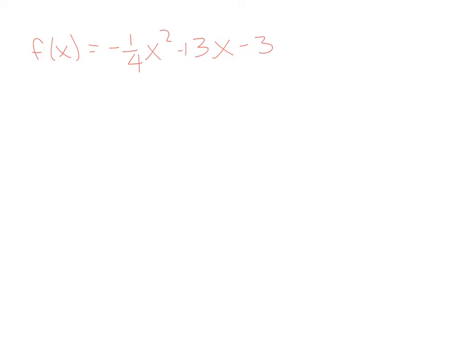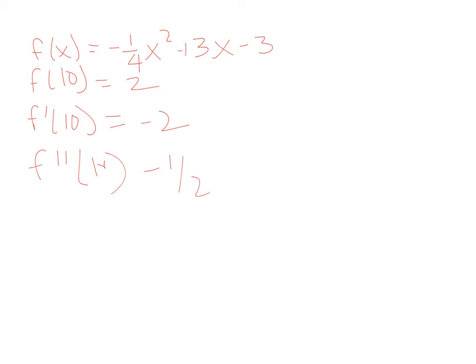I knew that f of 10 was 2. Then I found the derivative, and I found that the derivative at 10 was negative 2. And I found that the second derivative at 10 was negative 1/2.